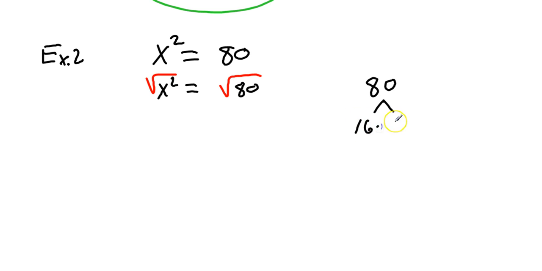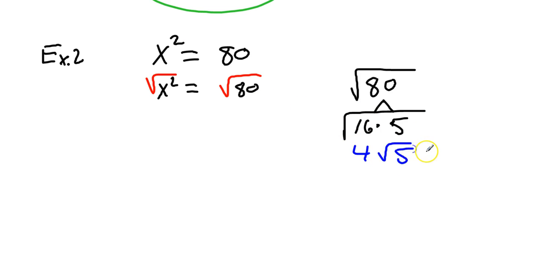But if you get one that you kind of think about, if you did 16 times 5, you've got square root of 16, which would be a perfect square root number. So for square root of 16, you can make that 4 square root of 5. So for this one, your x would equal positive or negative 4 square root of 5.